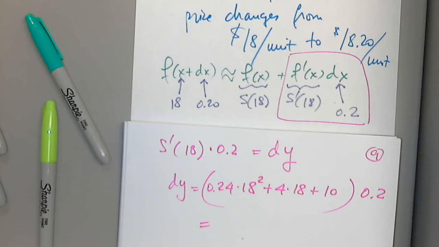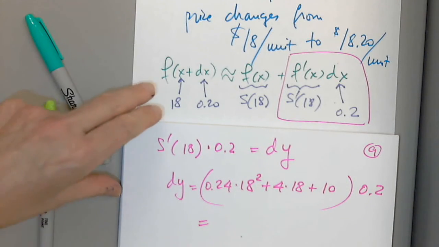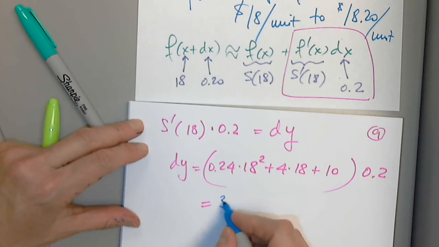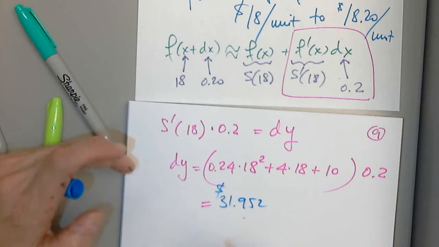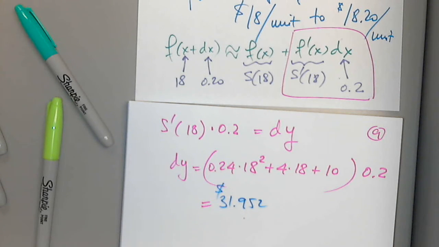How much is this? I got 31.952. And the measurement unit, dollars, because it's, no, that's why I went back, because I didn't write the measurement unit. Thank you very much. It says use to estimate how many more units a producer will supply.